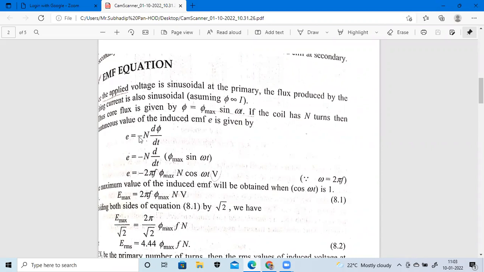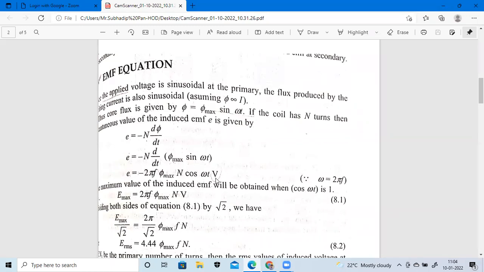Another thing to remember: if you take out this negative sign, that means cos omega t can be written as sin omega t minus pi by 2.